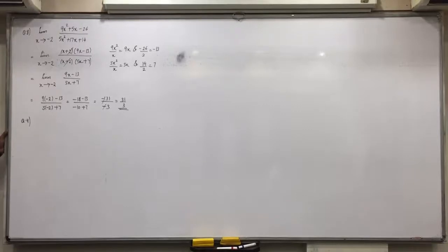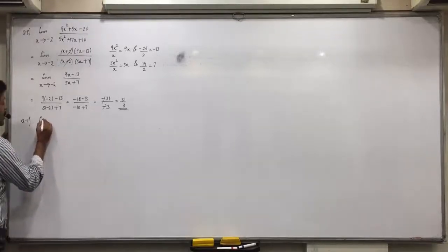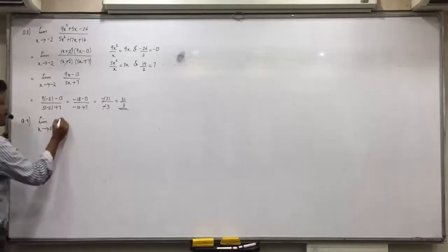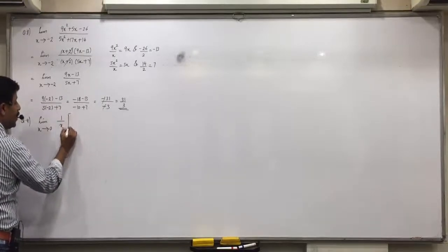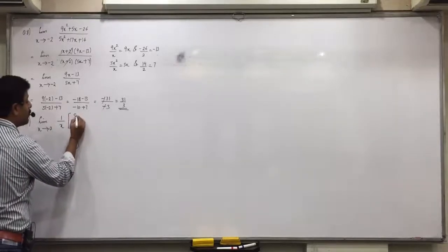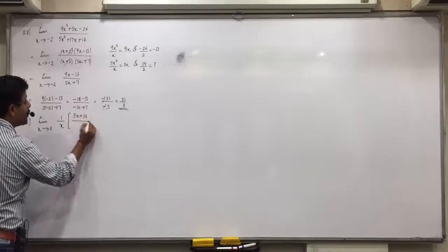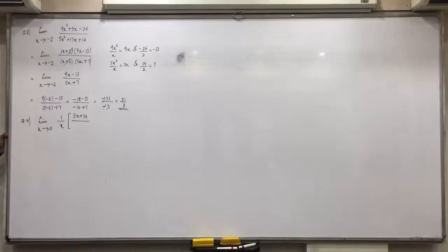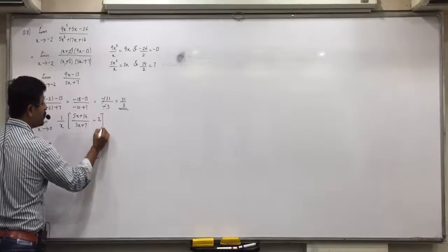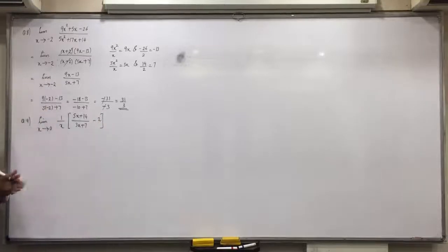Question 9. Limit x tends to 0, 1 upon x in bracket (5x plus 14) divided by (3x plus 7) minus 2. Now be attentive.